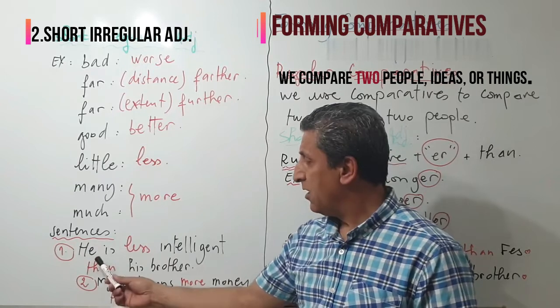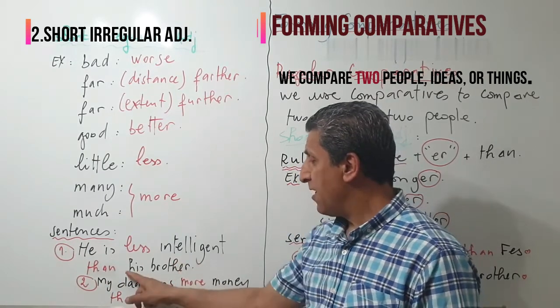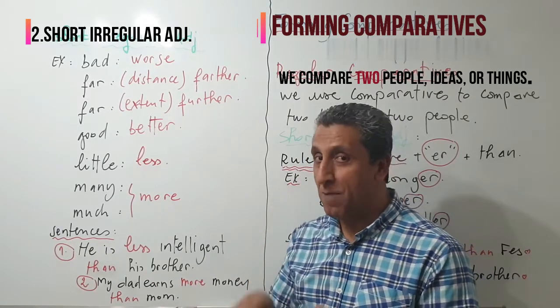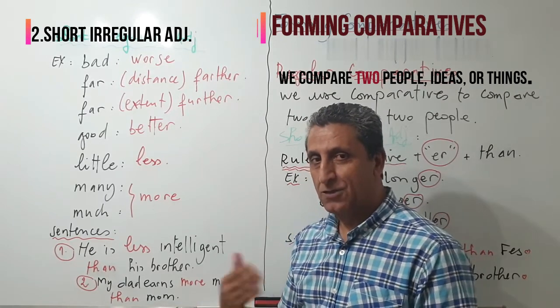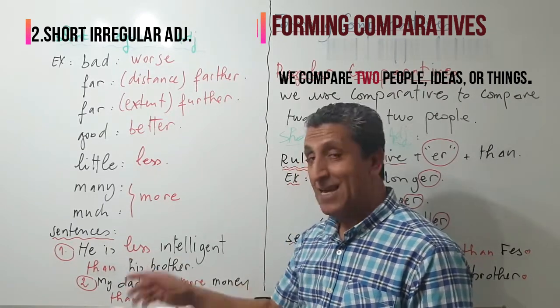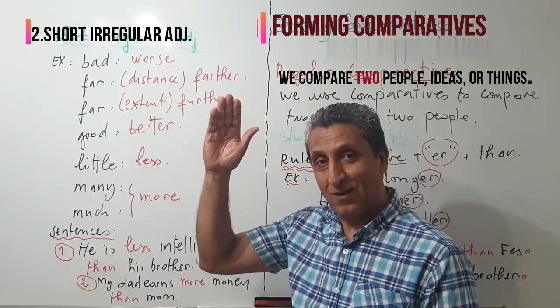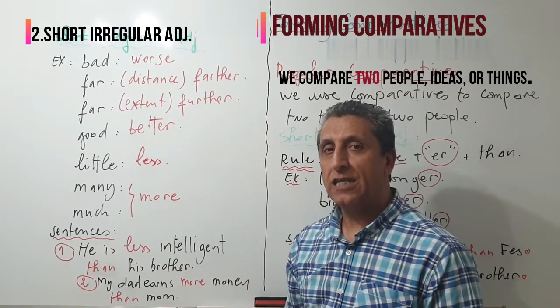Sentence number one, he is less intelligent than his brother. Here I'm comparing, remember, two people, two brothers, okay? So he is less. Less is the opposite of more, okay? So he is less intelligent than his brother.